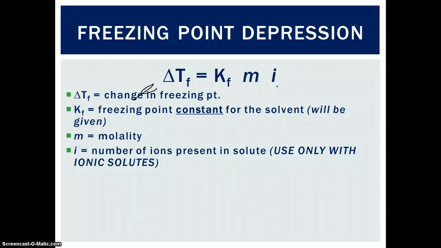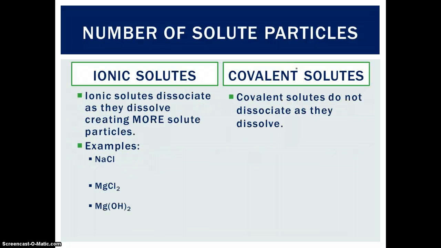Don't worry if you didn't get all of this equation down. It'll be up on the next slide when we start to use it, but before we do that, I'm going to talk more about how you find this i, because this number of ions present is a new concept. So we sort of know the background for it already.